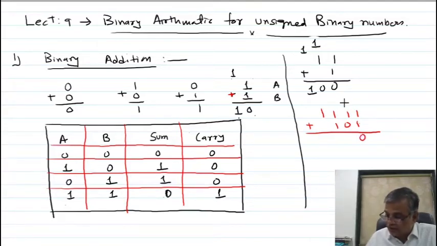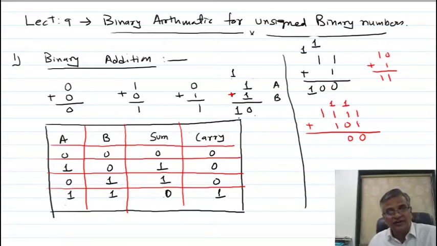Sum is 0 and carry is 1. 1 plus 1 is what? Sum is 0 and carry is 1. 1 plus 1, it is your 10. So 10 plus 1 is 11, remember. So 1 plus 1 is 10. 10 plus 1 is 11. So carry is 1.